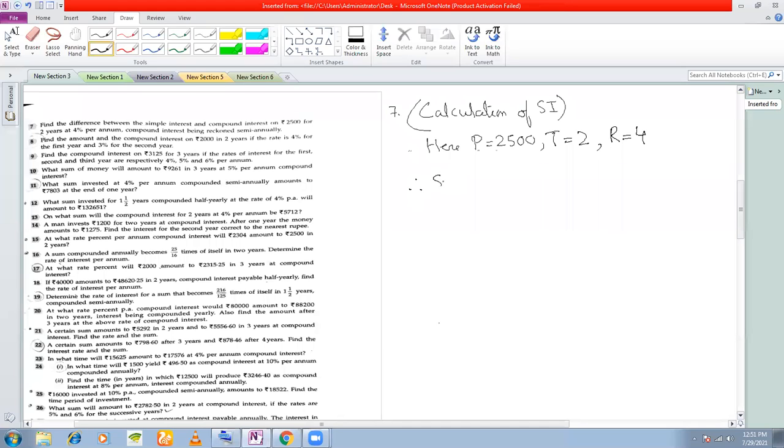So therefore SI is equal to PRT by 100, 2500 into 4 into 2 by 100. So these two cancel. So you get 200. The simple interest that your friend is getting is 200 rupees.